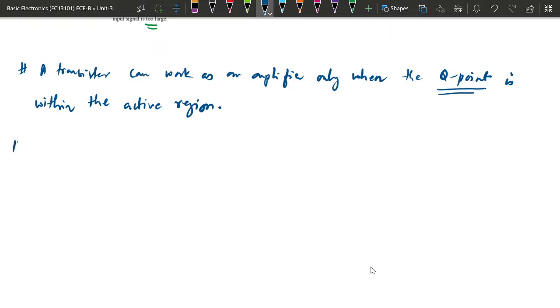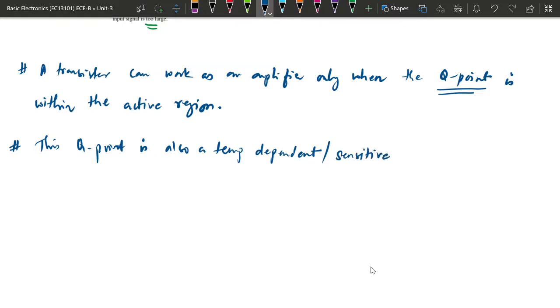Also, this Q point is temperature dependent, or temperature sensitive.